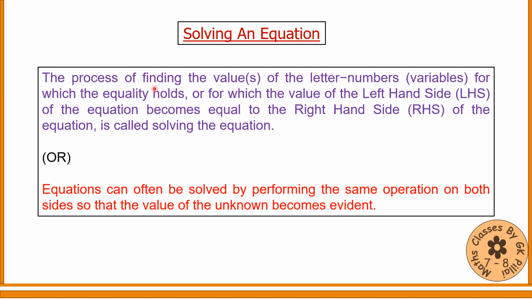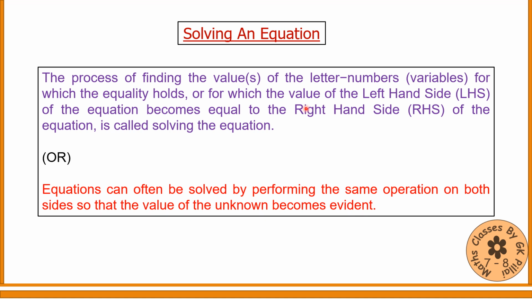So you can find the value of the letter number so that the equality remains, or for which the value of the left hand side of the equation becomes equal to the right hand side of the equation. This is called solving the equation. It is the same thing. Whatever is written in the first part is the same as the second part.